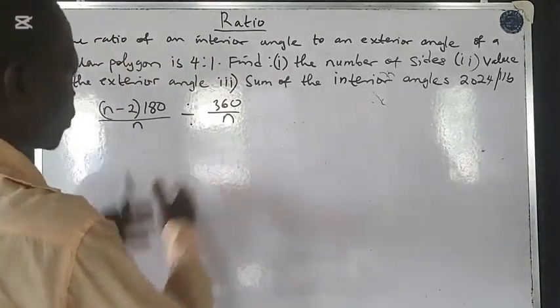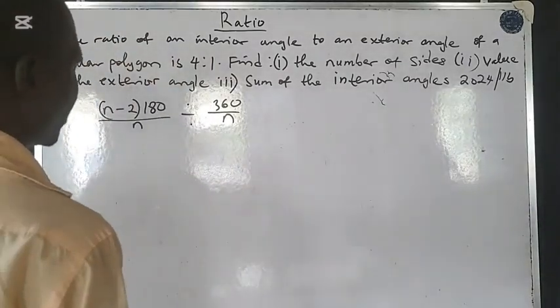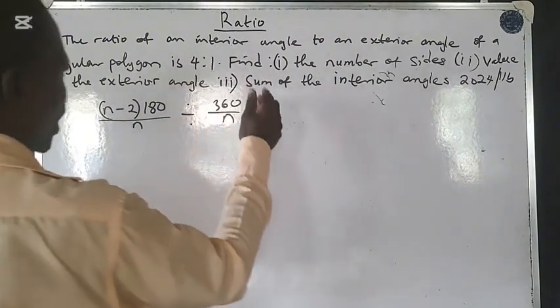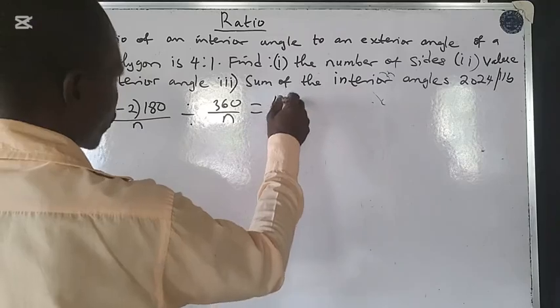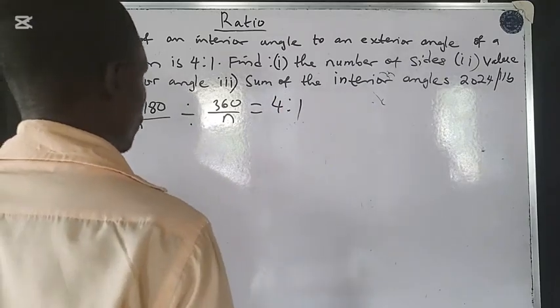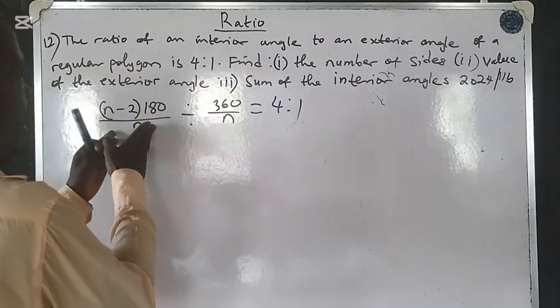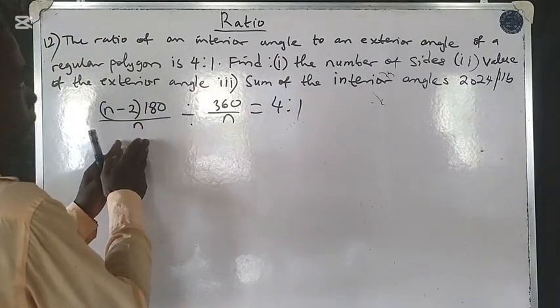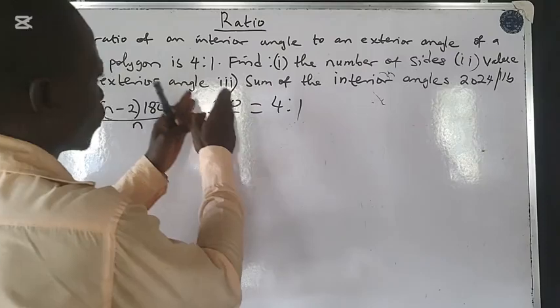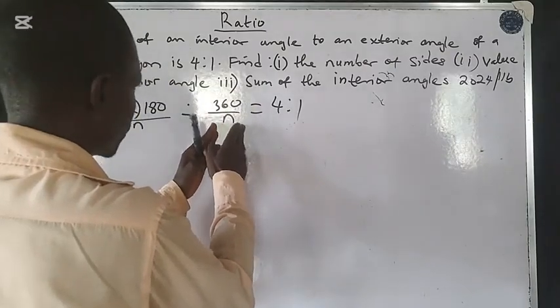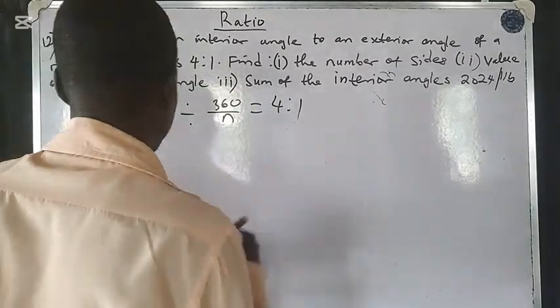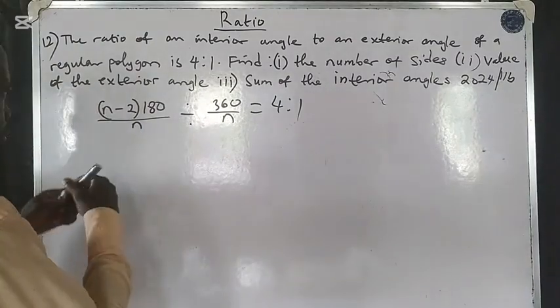So this is the ratio given to us, and we are told that the ratio is equal to 4:1. So we write it in the form of a fraction.